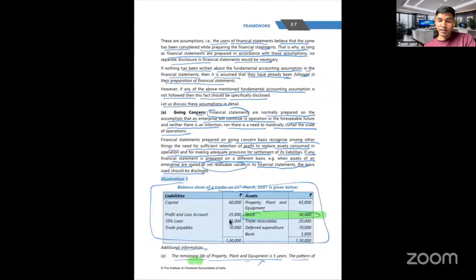PPE for 5 years. What is PPE? It is 65,000. Divided by 5, it is 13,000. So it becomes 65,000 minus 13,000, that is 52,000.